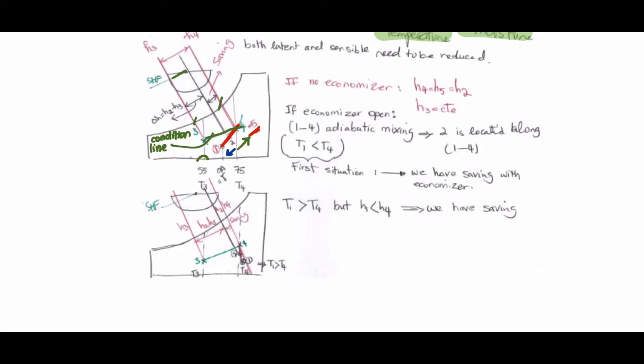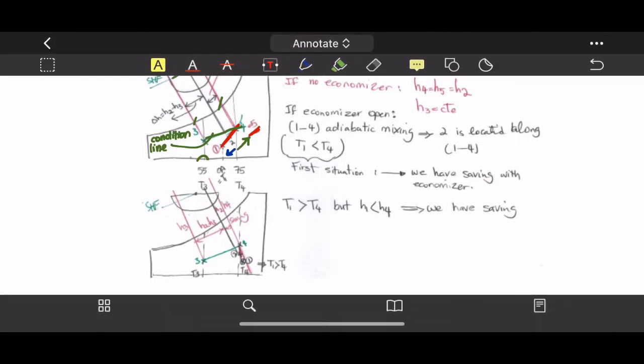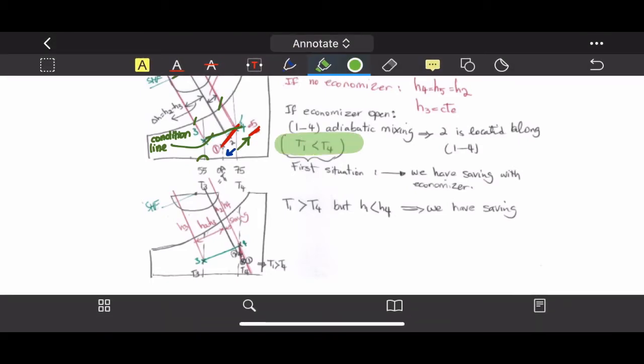So let's say the condition of winter is where the surrounding region is cold. Therefore T1 is usually smaller than T4. If this is the case, we want the room to be warmer, so we close the outdoor air, right?